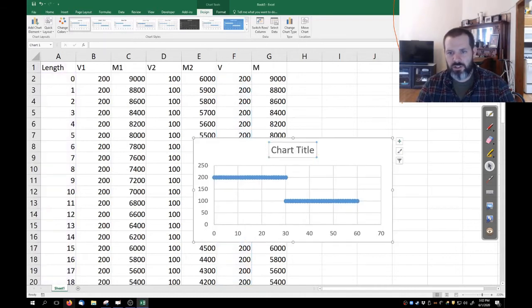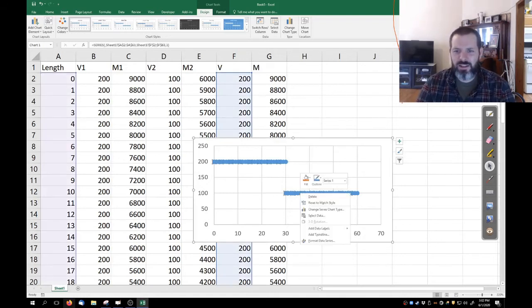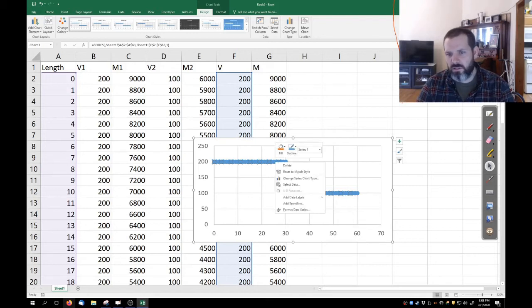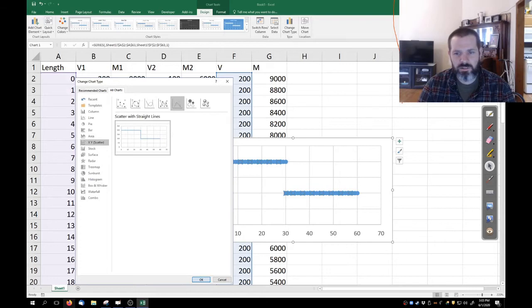I'm going to delete the chart title because I dislike the chart title. And instead of a bunch of dots, let's change the chart type to be XY scatter, but we'll just use line segment.